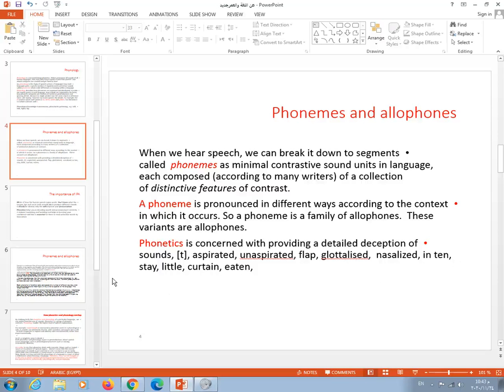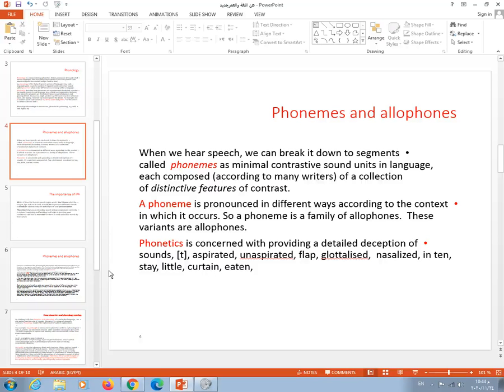So every phoneme is a group, a family of allophones, and we do not find phonemes being there alone in our real life.